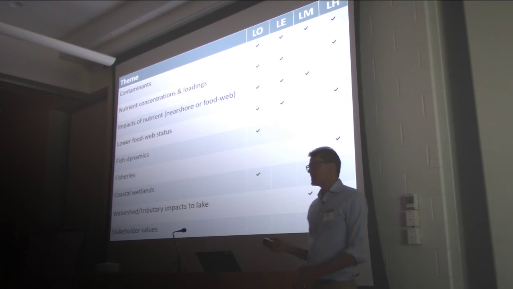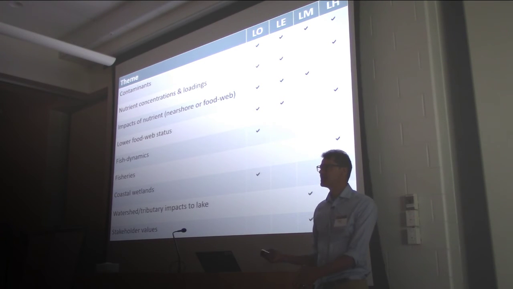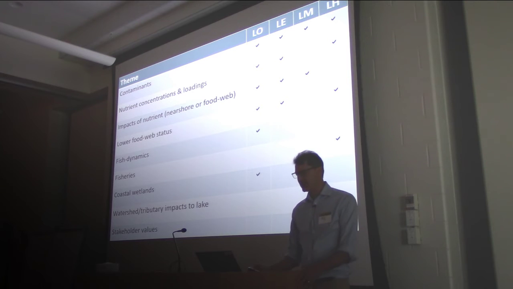The lower food web status is being raised as a priority from three of the other 4 lakes. But you can also see that there's been room and acceptance of a variety of different priorities from the different lakes, recognizing that each lake management community may be raising some unique priorities.